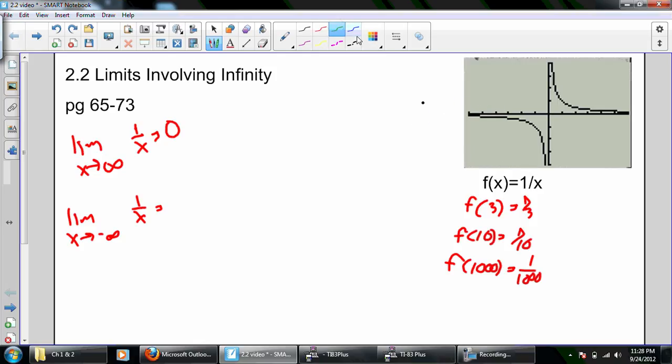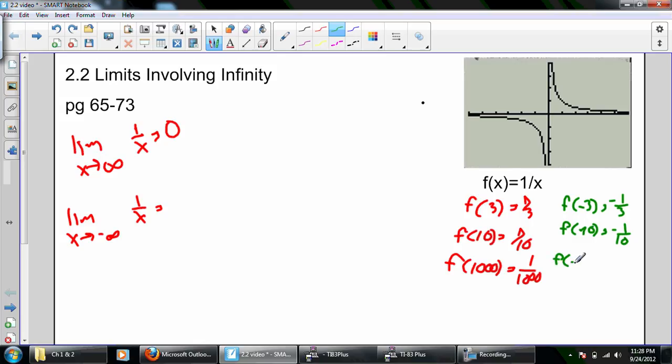Let's take a brief look at what happens for this function when we plug in more and more negative numbers. For example, f of negative 3, we get negative 1 over 3. F of negative 10 would be negative 1/10.